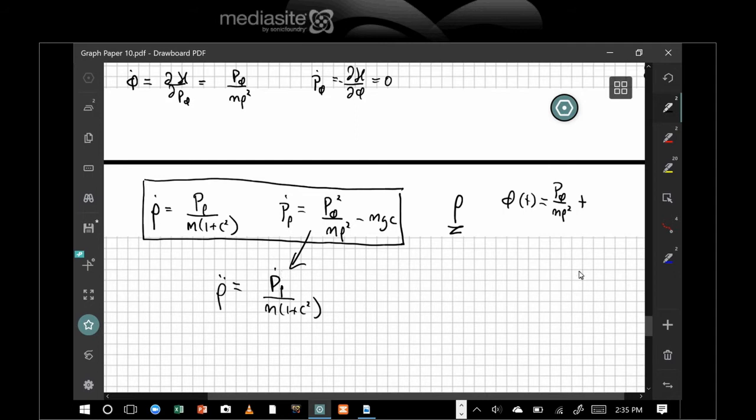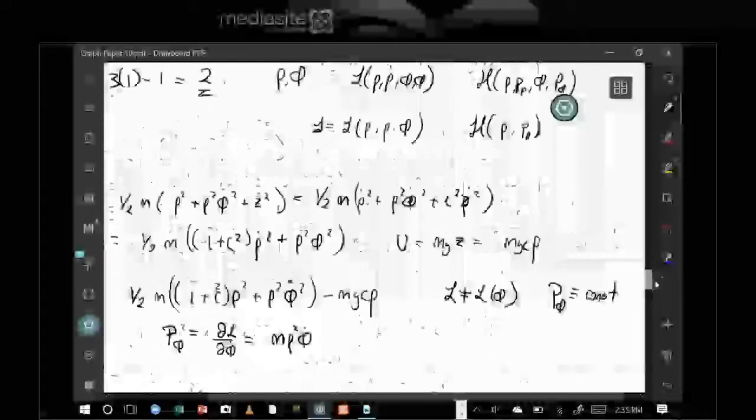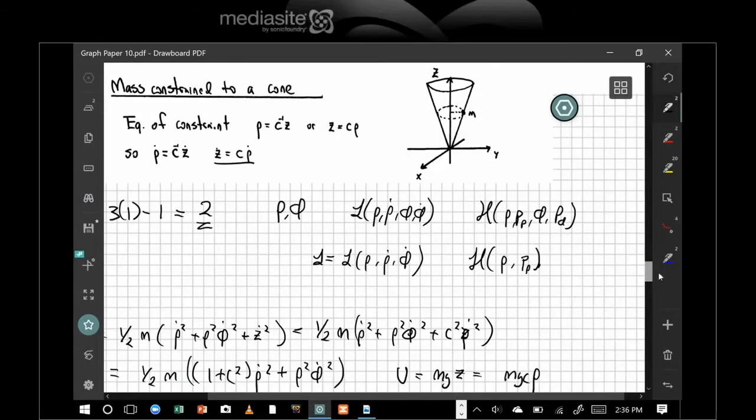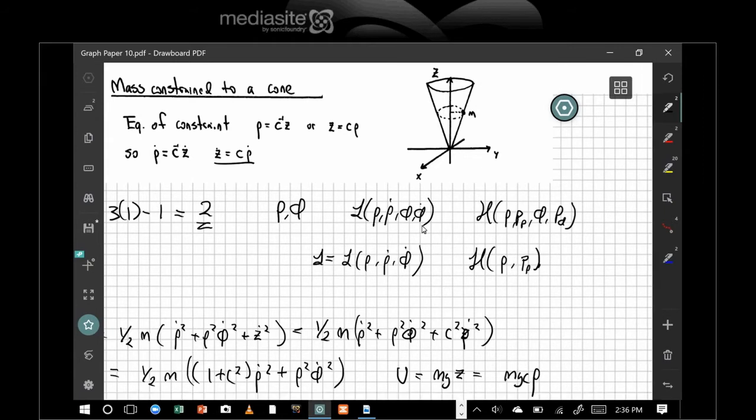So again, to summarize, our method for solving this type of problem is that we wrote down the Lagrangian. In writing it down, we recognized that this particular problem is cyclic in phi, and so p sub phi is a constant. Then the Hamiltonian becomes basically one dimension, with 1 degree of freedom, which is rho.